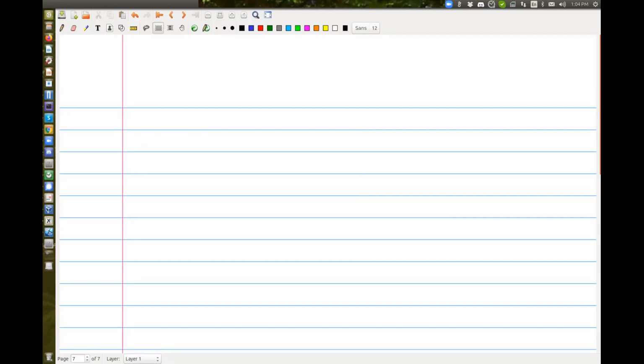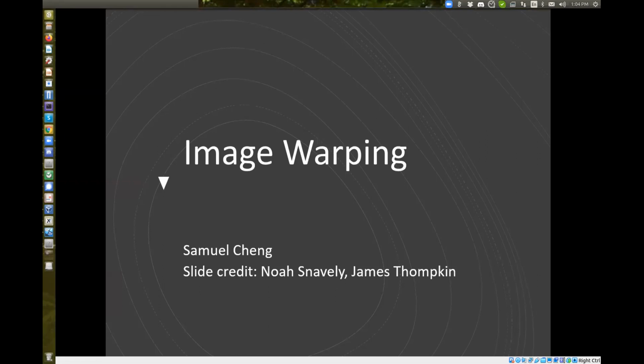Okay, if there's no particular question, I'll move on to what I'd like to talk about today. Because we talked about edge detection last time, it seems natural to talk about corner detection this time. But I think I should talk about image warping first, because Harris corner detection involves a little bit of understanding of image warping.